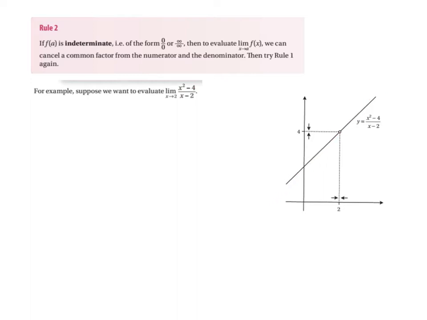What you'll see here is if I put 2 in, we're going to get a division by 0, which means it doesn't exist here. It's indeterminate at this particular point. But you can see that as x heads towards 2, the limit heads towards 4.